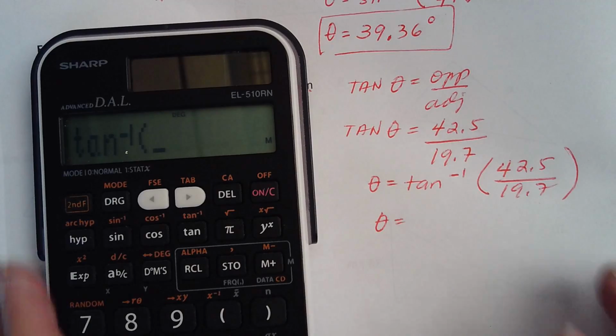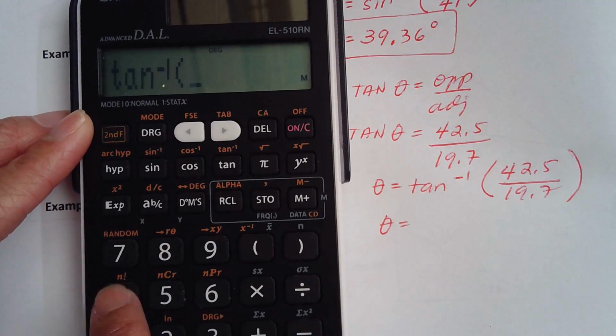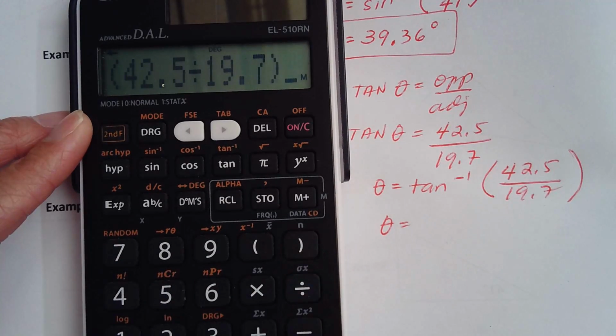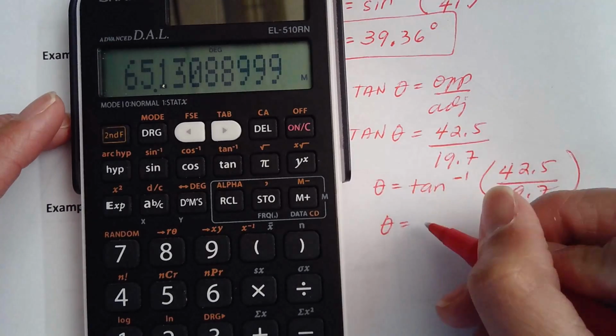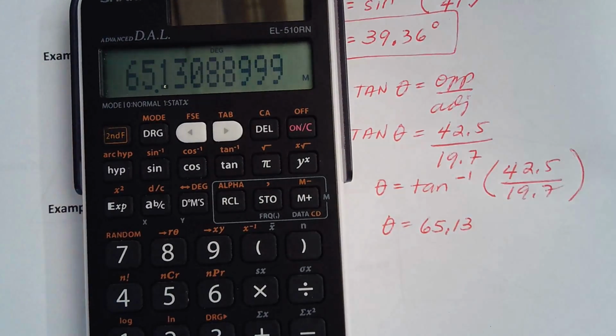Okay, so tan inverse of 42.5 divided by 19.7 gives 65.13. And what unit should I put in? We're talking about the angle, so it's degrees, right?